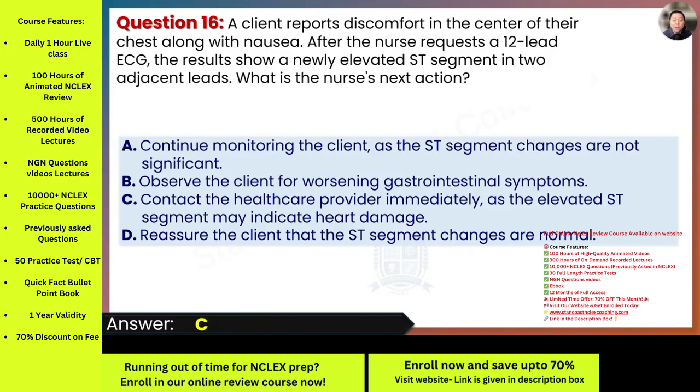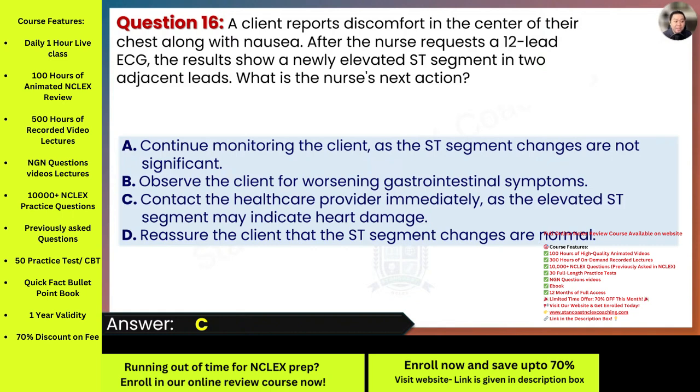So your appropriate intervention or response is to contact the healthcare provider immediately because the ST segment elevation could suggest that the heart is not getting enough oxygen and you will need urgent treatment to prevent further damage to the heart muscle.